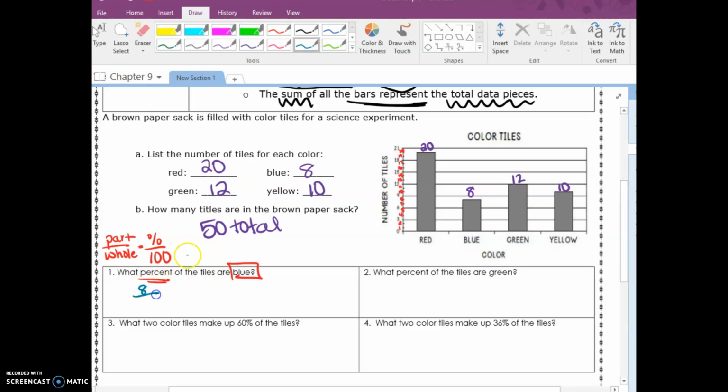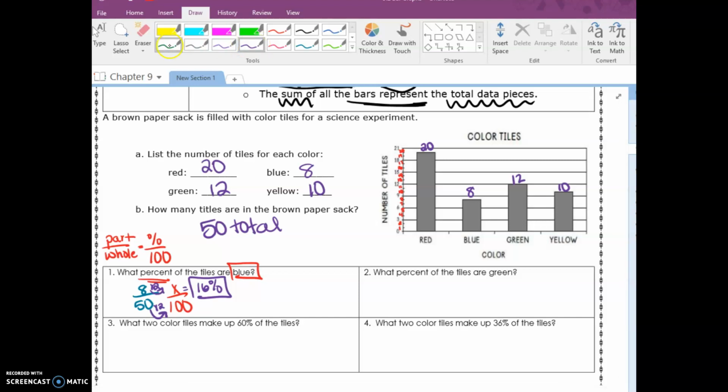So 8 is the part. My total is 50. I'm looking for my percent over 100. Now your percent is always out of 100. I see that 50 to 100 is times 2. So 8 times 2 would then give me 16%. That would be my answer for the blue tiles.